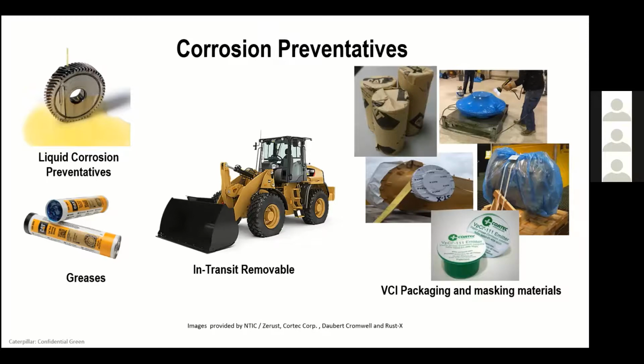And then over on the right-hand side, we're just showing that same type of VCI impregnated film, but this is in a shrink film. So it's a way to actually, using heat, shrink wrap that part. Below that, you see that white tape from Rustex there, and tape by itself can prevent moisture and oxygen, but this tape actually has some VCI in it, so it provides further protection.